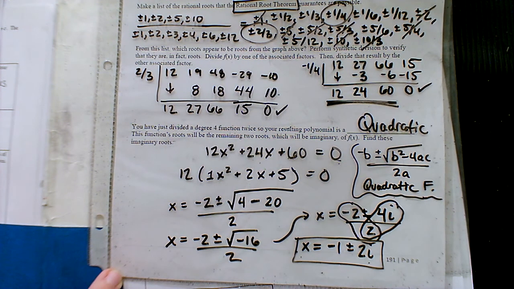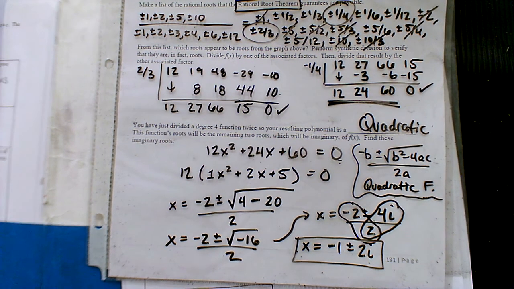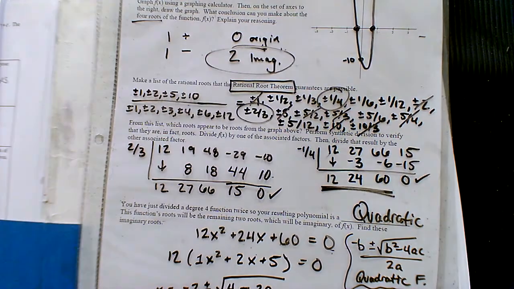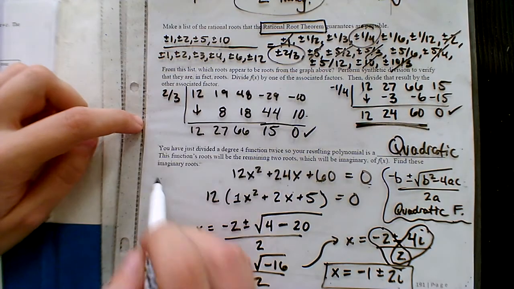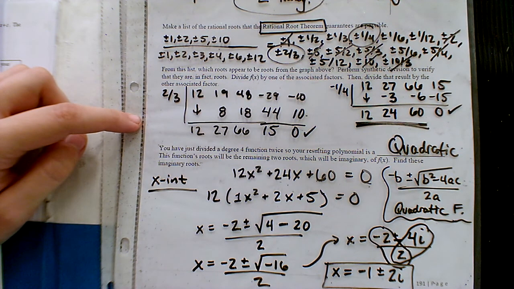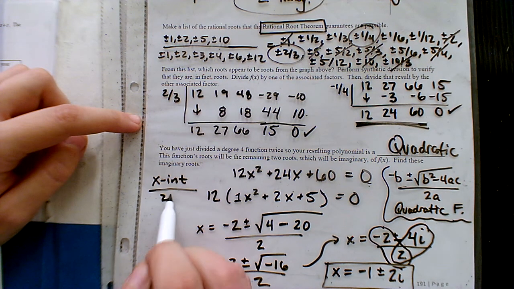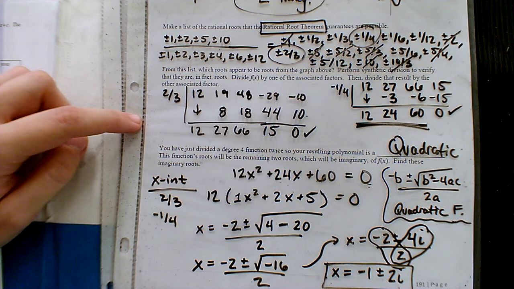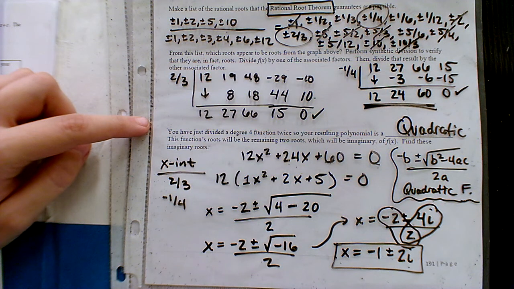So there are two imaginary numbers that we said should result, based off of our positive, negative, origin, imaginary combinations. So let's officially list these x-intercepts. We confirmed by the rational root theorem that 2/3 and negative 1/4 are graphable. We can see them. And then we took the quotient further to find our imaginary ones.